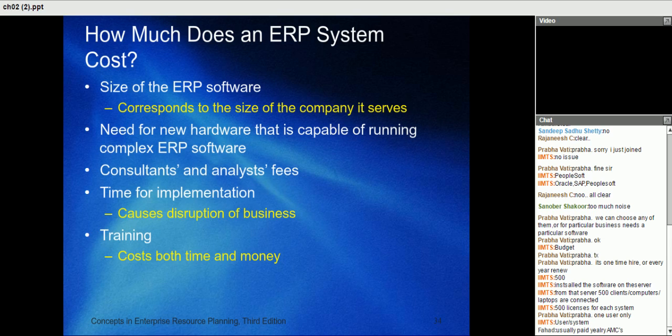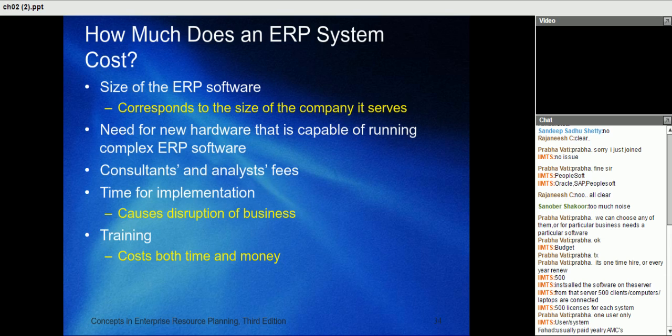That means you can have 500 users, 3,000 users, 10,000 users, it does not matter. But we will have a contract for a 5 year period. For 5 years, I will be charging 20 lakh rupees for n number of licenses. This is one of the ways. And after 5 years, I can get the contract renewed.